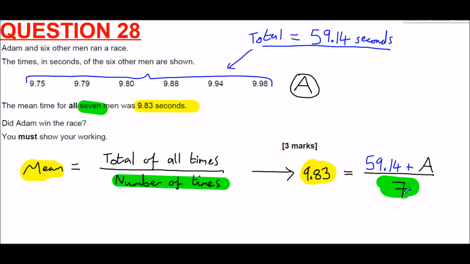So what we need to do here is either rearrange this equation to find out what Adam's time is, or use a flow diagram method to solve what Adam's time must be. I'm going to do this one of 2 ways. I'm just going to copy this equation down here.